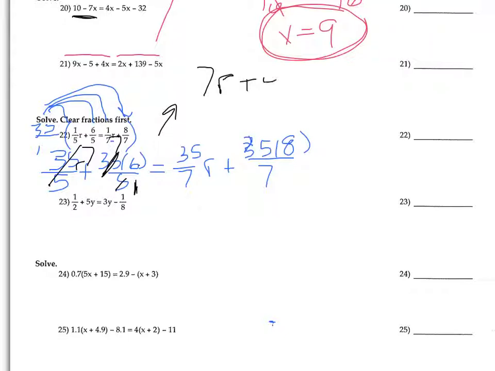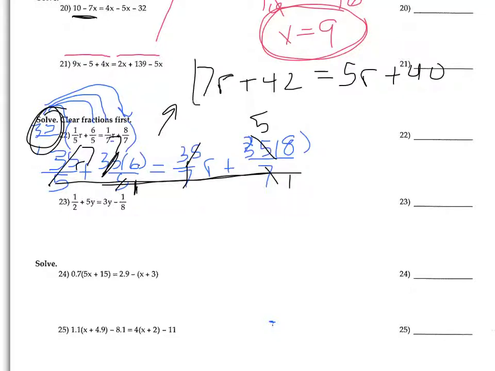So we have 7r plus 42 equals, here 7 goes into 35 5 times, so we have a 5r. And then finally 7 goes into 35 5 times, leaving me a 1. 5 times 8 is 40, so plus 40. So notice, by multiplying through by this lowest common denominator, 35, we get rid of all of these fractions, and we're left with this problem, which is substantially easier to solve.